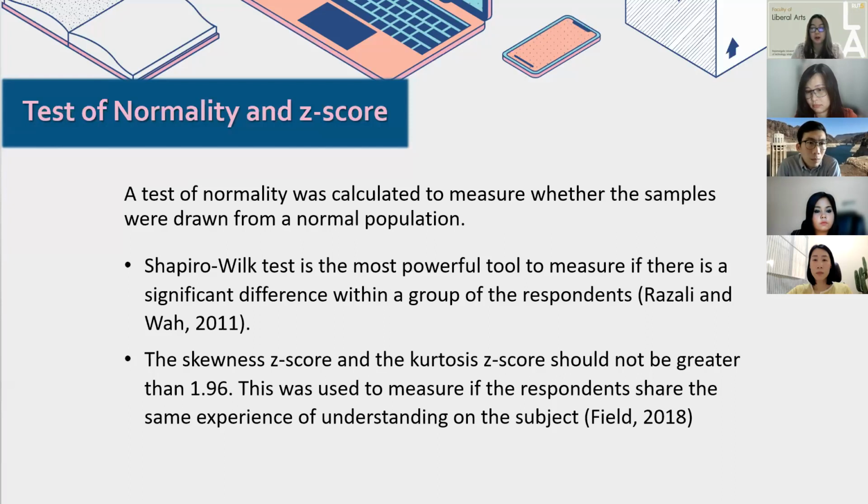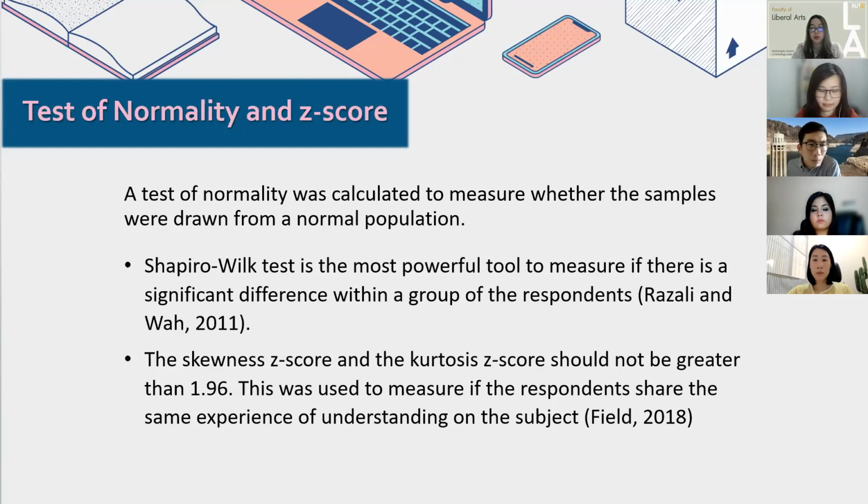There are a number of ways to test normality, and my previous study applied the Shapiro-Wilk test, which is the most powerful tool to measure if there is a significant difference within a group of the respondents, recommended by Razali and Wah 2011.